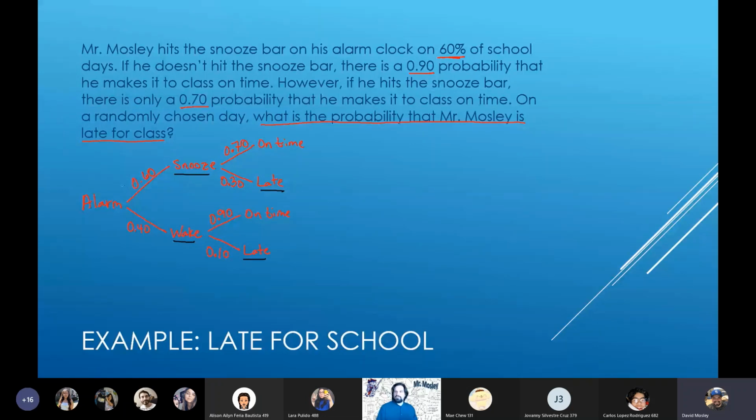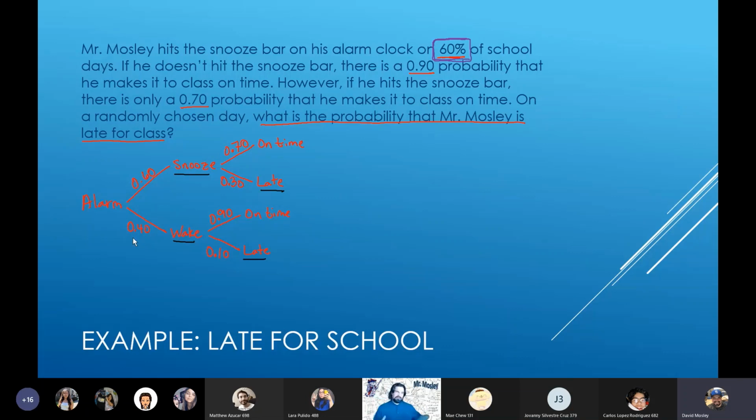Yes, Matthew. I just had a question. Where did you get the 40%? Okay. So we know that I have a 60% chance of hitting the snooze button, so I have a 40% chance of not hitting it, because those are the two options.